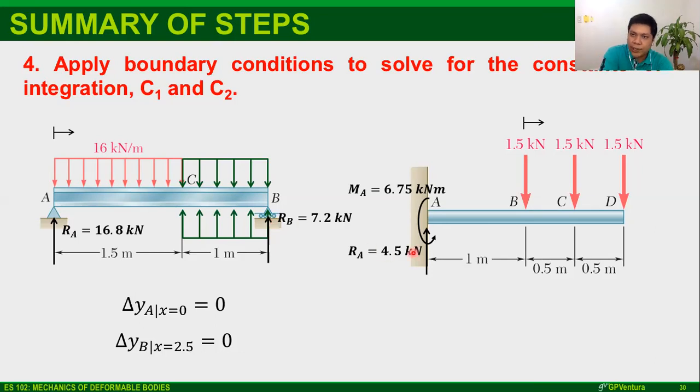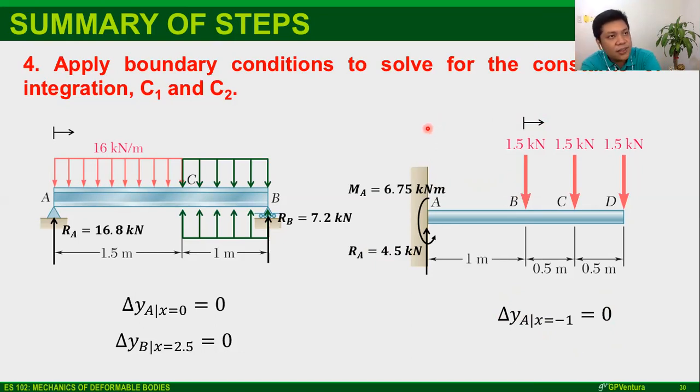How about this second example? What are my boundary conditions? I have a fixed support. So for my fixed support, I can say that the deflection, delta y, at x equals -1, because we established that this is our origin, so the fixed support is at a distance -1. So the deflection at x equals -1 is equal to 0.